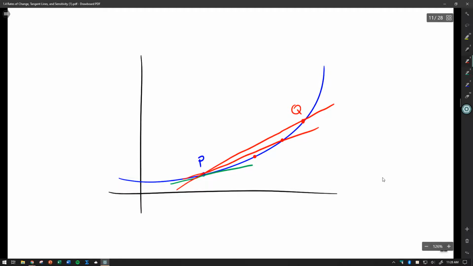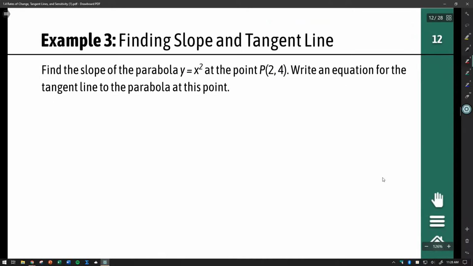And then maybe move Q here, and then that slope would be a little less as well. And you move Q towards P in such a way that eventually Q might as well be on top of P, and your slope of the secant approaches the slope of the tangent. So that's the idea. Here's an example where we can show that in action.